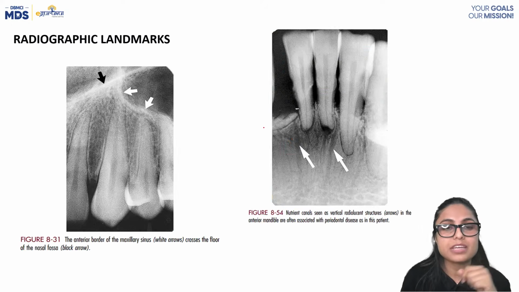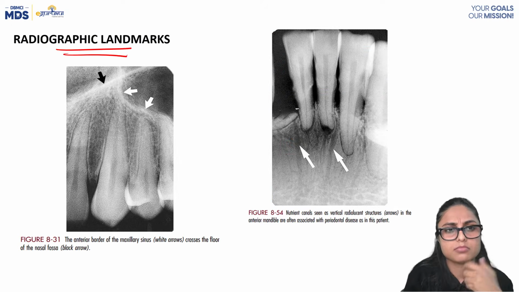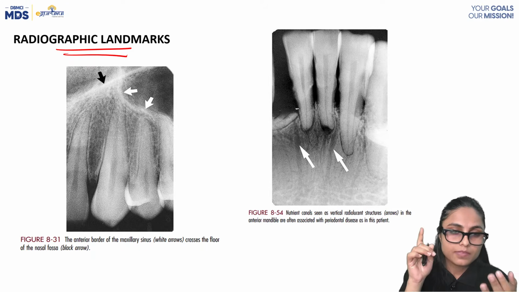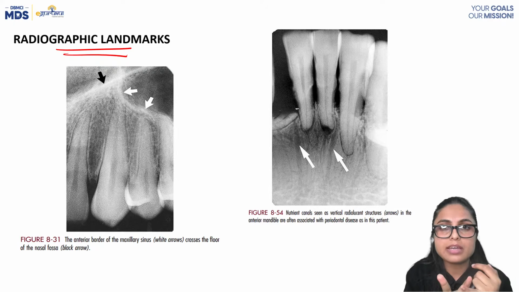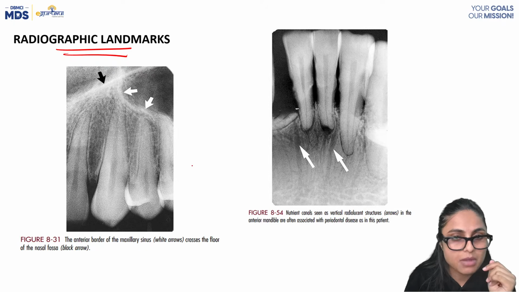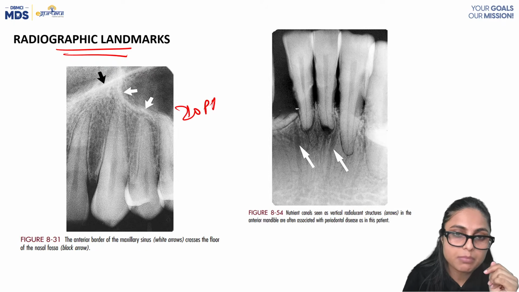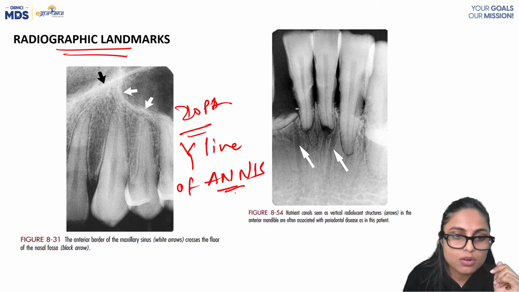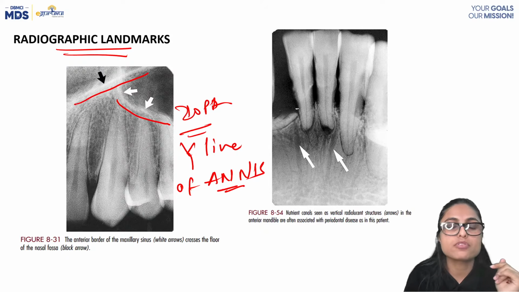Next, radiographic landmarks. Somebody had asked about radiographic landmarks. I'll just tell you the two most commonly asked IOPA landmarks. First, the Y line of Ennis, which is the crossover between the anterior border of the maxillary sinus and the floor of the nasal fossa.